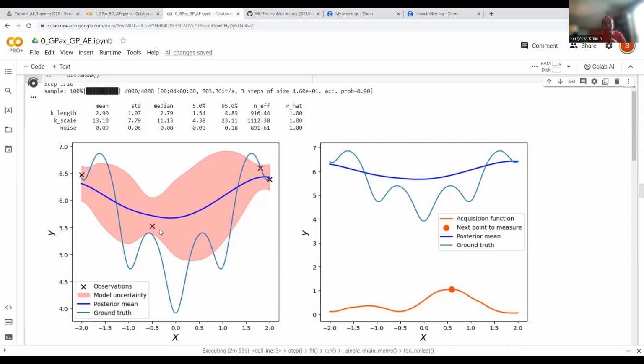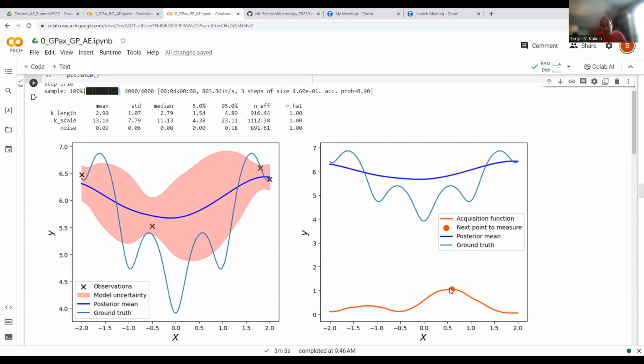Because with this information in hand, you can choose the next location for the measurement. The obvious way to do that is to choose the next measurement location in such a way that the next measurement is done at the point with the maximum uncertainty. We are uncertain what the value of the function in these locations is, but in this location, our uncertainty is maximum. Therefore, we expect that if we do the measurement here, our relative information gain would be fastest.